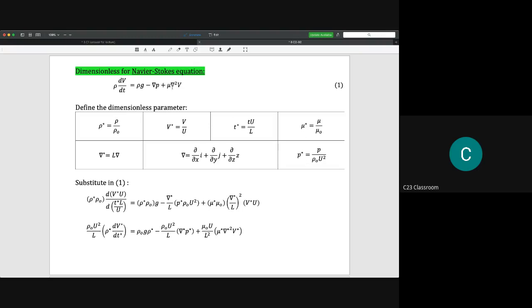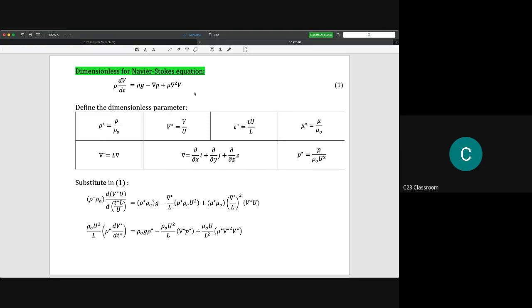And then we substitute all the values here using equation number 1. The g is constant, so you put everything here, and the nabla can also be substituted by this one.